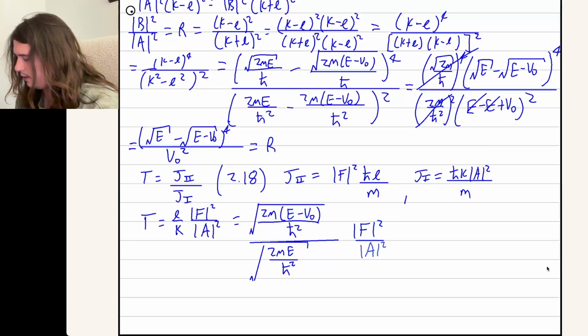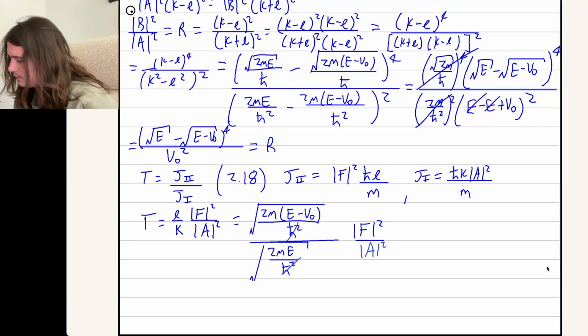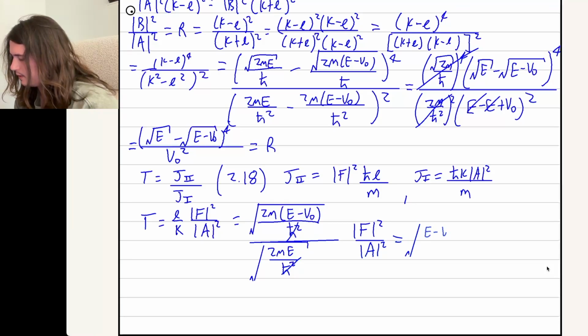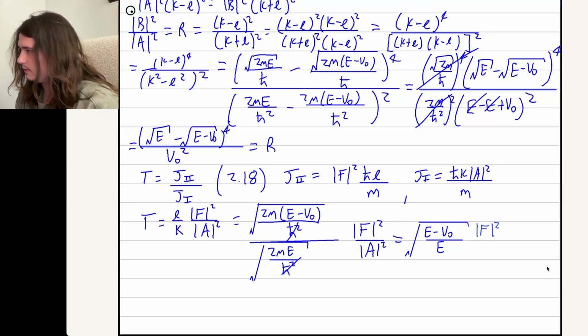The h bar squared terms will get canceled out, so we just have root (E minus V naught) up top, and then V naught, no, it's not V naught, it's E on the bottom. And that looks like what Griffiths was getting for that part as well. So that's pretty convenient, pretty nice.